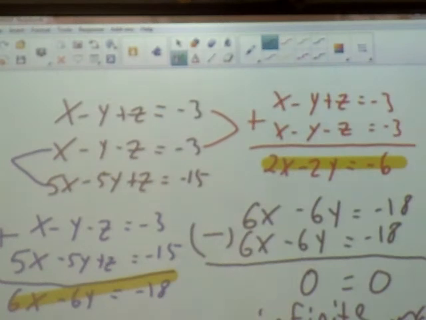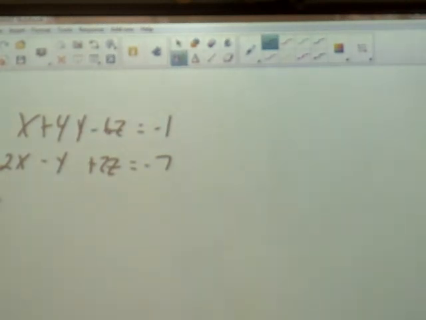Find a good easy one for us. x plus 4y minus 6z is equal to negative 1. 2x minus y plus 2z is equal to negative 7. Negative x plus 2y minus 4z is equal to 5.